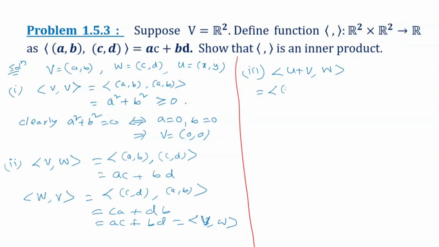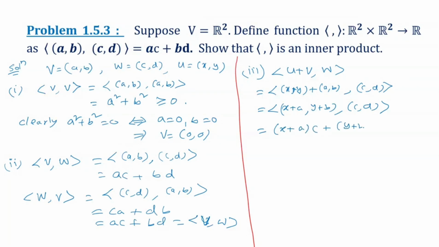Okay, now we'll have the third property, ⟨u + v, w⟩. So this is equal to (x, y) plus (a, b) and then (c, d). So this is equal to (x + a, y + b) and (c, d). So this is equal to (x + a)c plus (y + b)d.